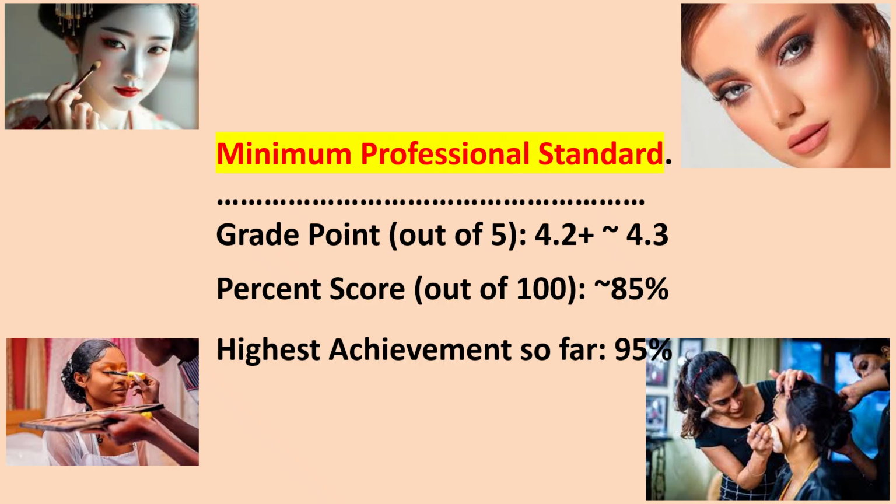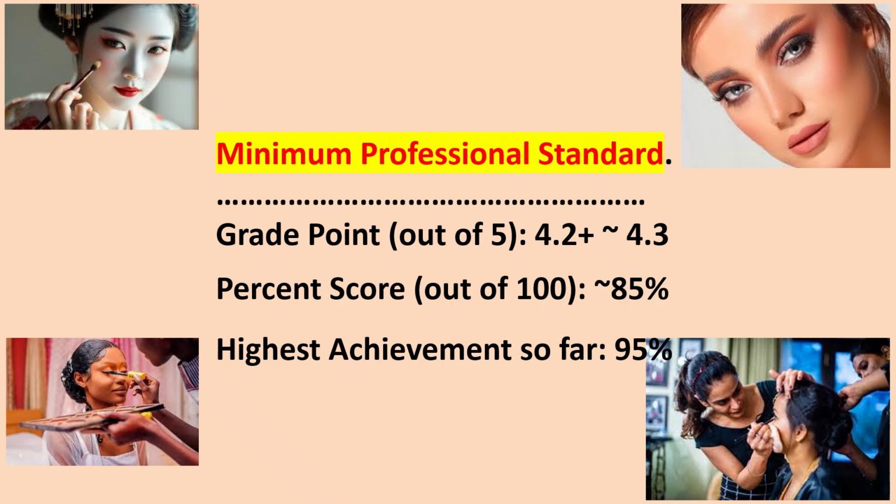So always keep your quality 4.2, 4.3 and above 85%. The highest achievement so far, to the best of my knowledge, is 95 or 96%, but that is not a consistent one. That was on one particular occasion, the makeup artist got 95% or 96%.